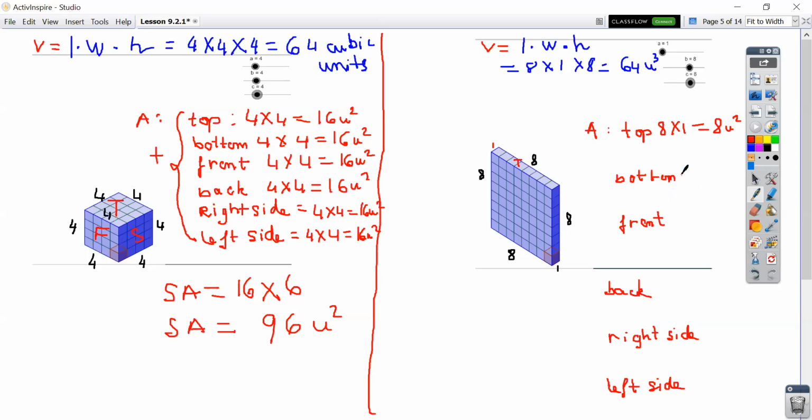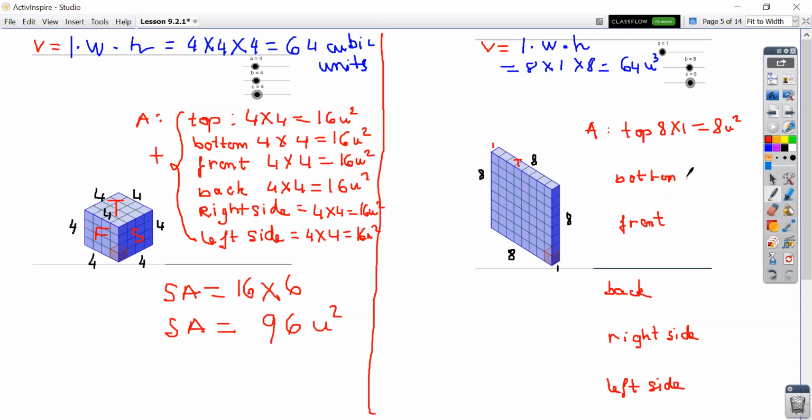The bottom is the same, 8 by 1, so 8 square units. The front has 8 by 8, so 8 times 8 equals 64 square units. The back, same thing, 8 times 8, equals 64 square units.